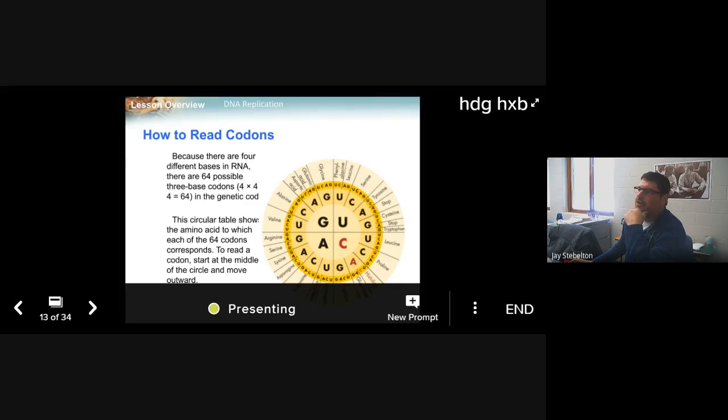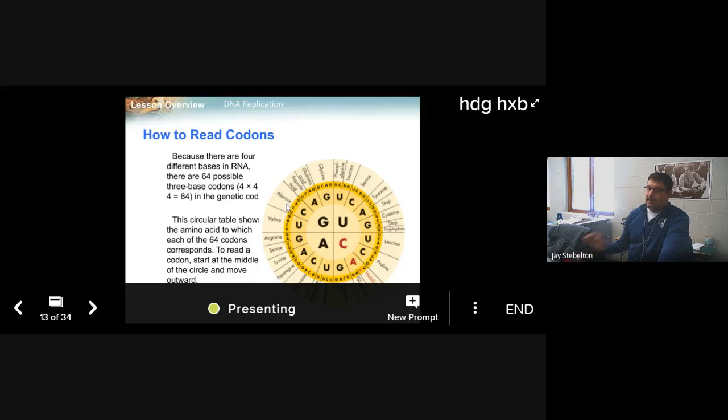To figure out what the amino acid is, I start with the first letter, the biggest letter in the middle, G, and then I follow it out to the outside of the wheel. It's going to be G, C, C, and my amino acid is alanine.